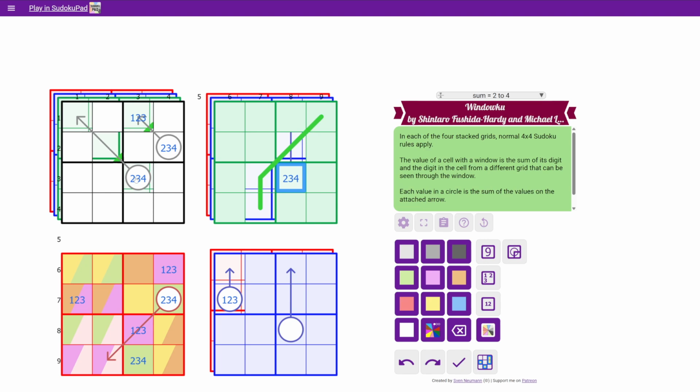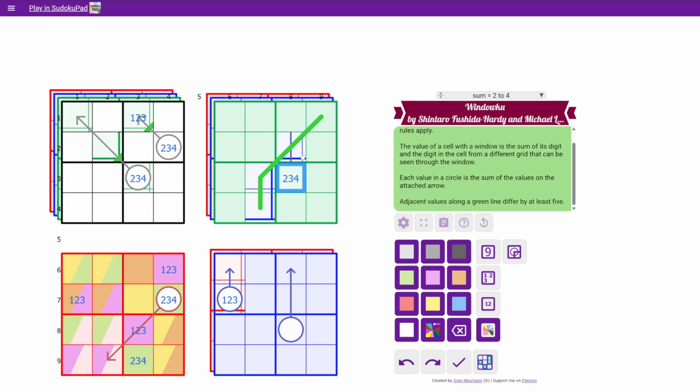That's very tricky. But I could make this go all the way up. I could make this arrow basically go all the way up to 8. I could do like a 2, 3 and a 1, 2, and it could be an 8. The green digits must differ by 5, is that right? Yeah.